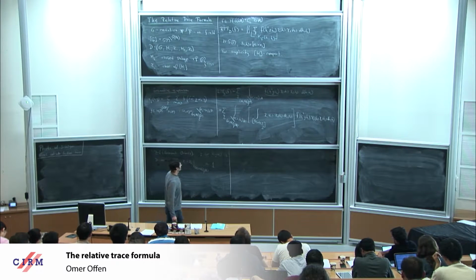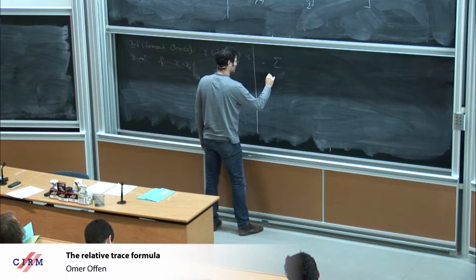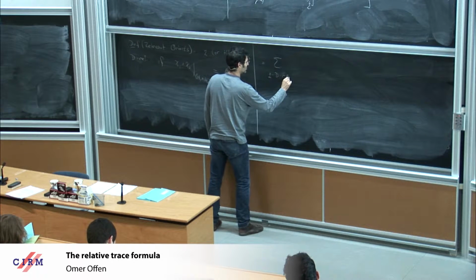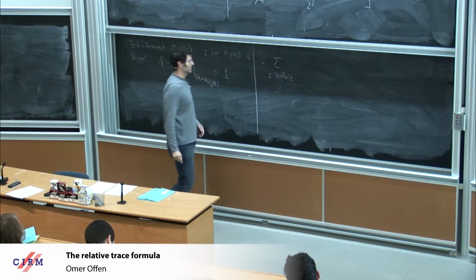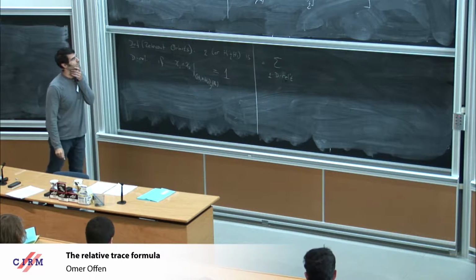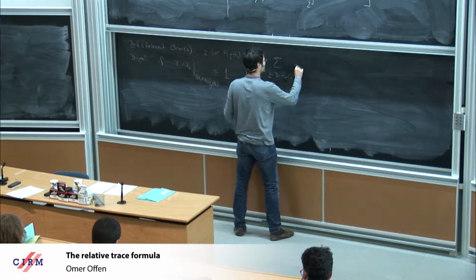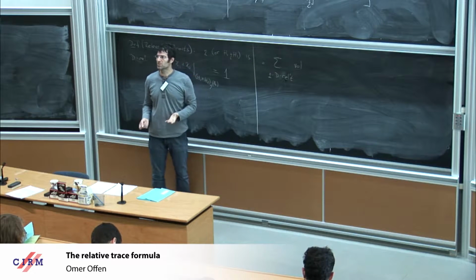Okay, so the geometric expansion is really a sum over all the D-relevant orbits of, well, now the integration over the stabilizer is just of the identity.